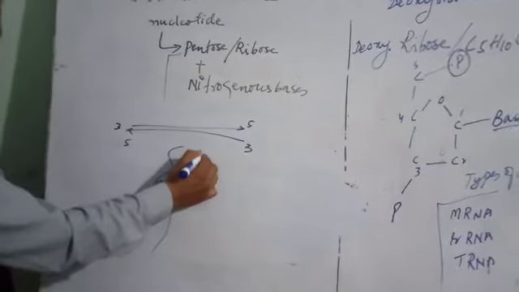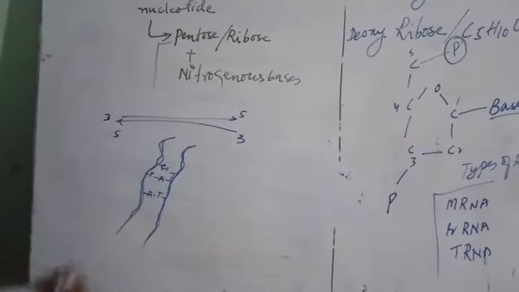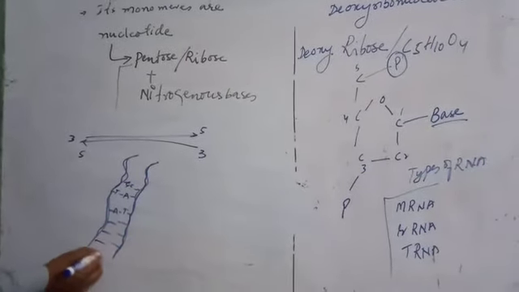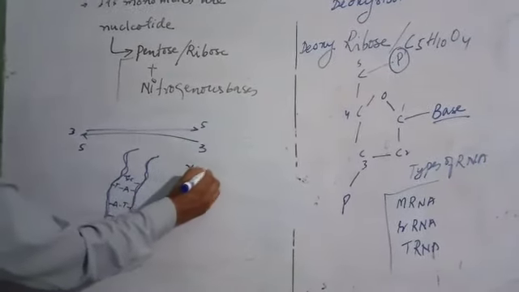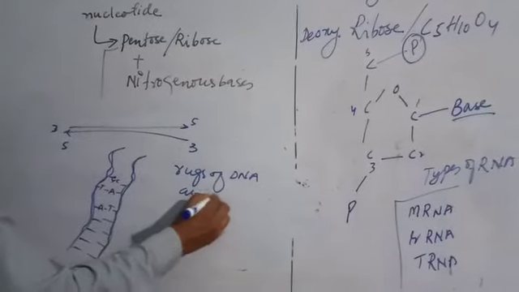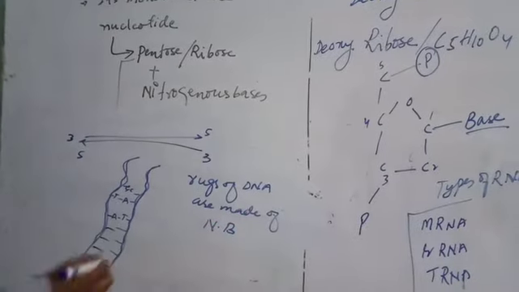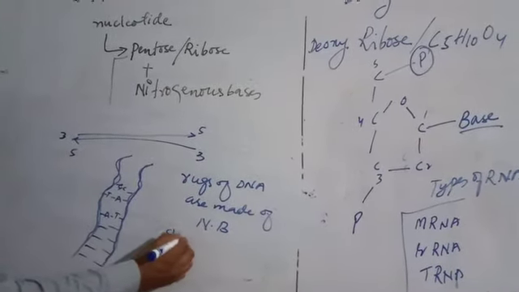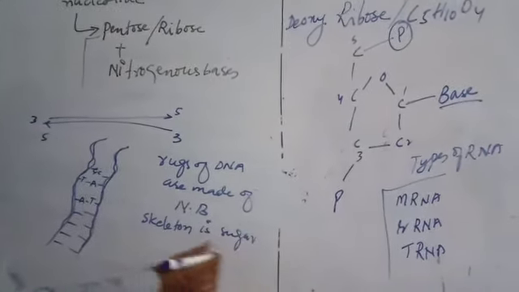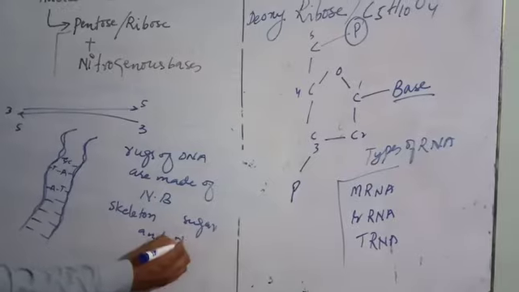These are called the skeleton of the DNA, and these are the rungs of the DNA. The rungs of DNA are made up of nitrogenous bases, and the skeleton is made up of sugar and phosphate.